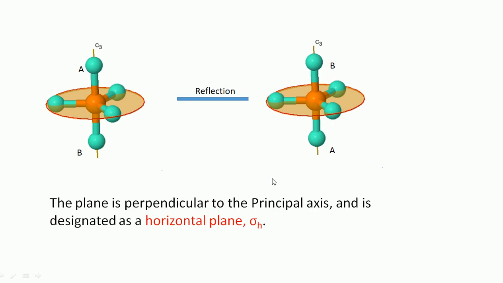Therefore, that is called a horizontal plane of symmetry, represented by the letter sigma h. So a horizontal plane of symmetry is the plane of symmetry which is perpendicular to the principal axis, designated by the letter sigma h. Hope it is clear to you.